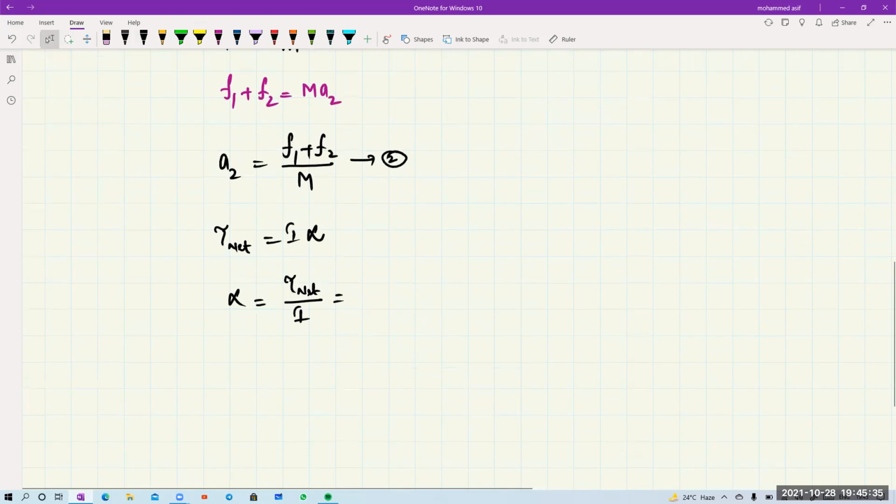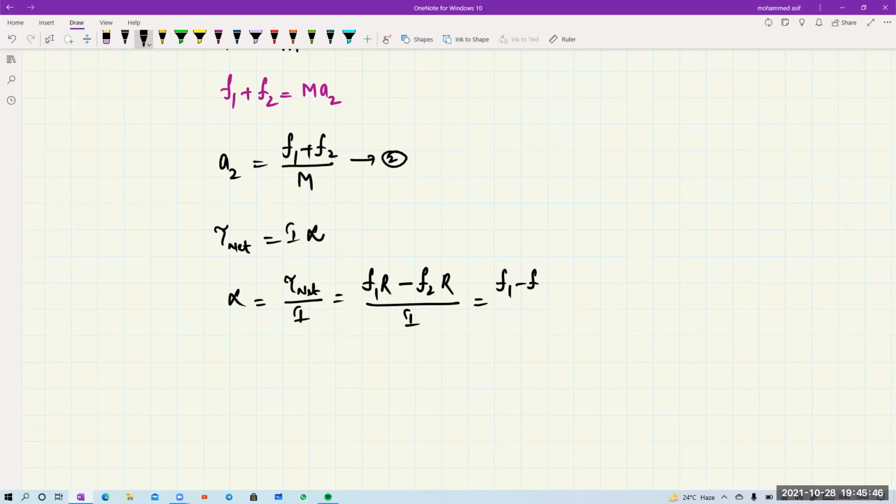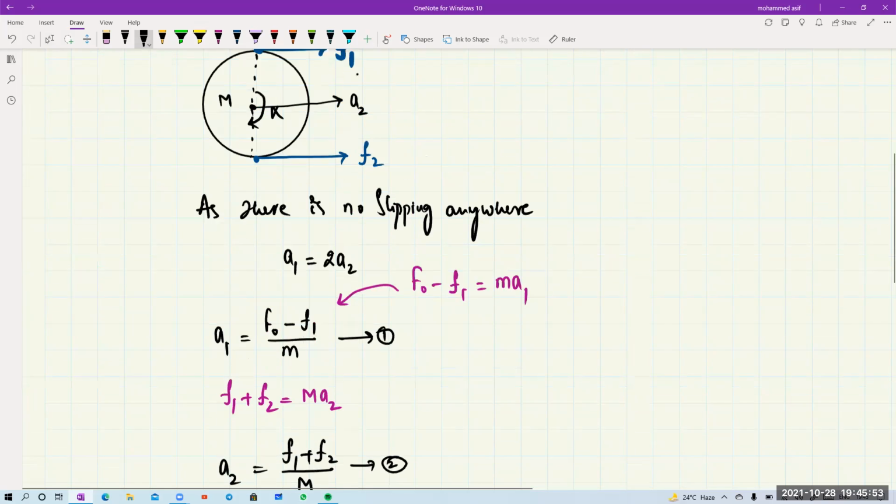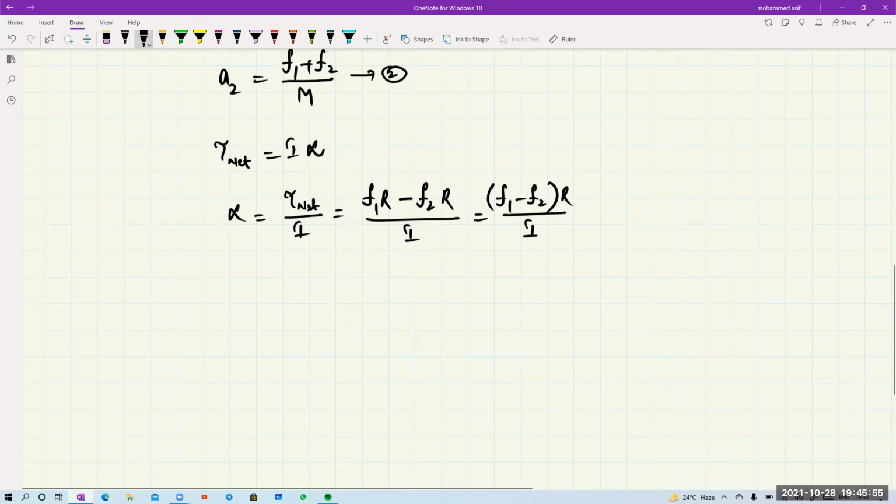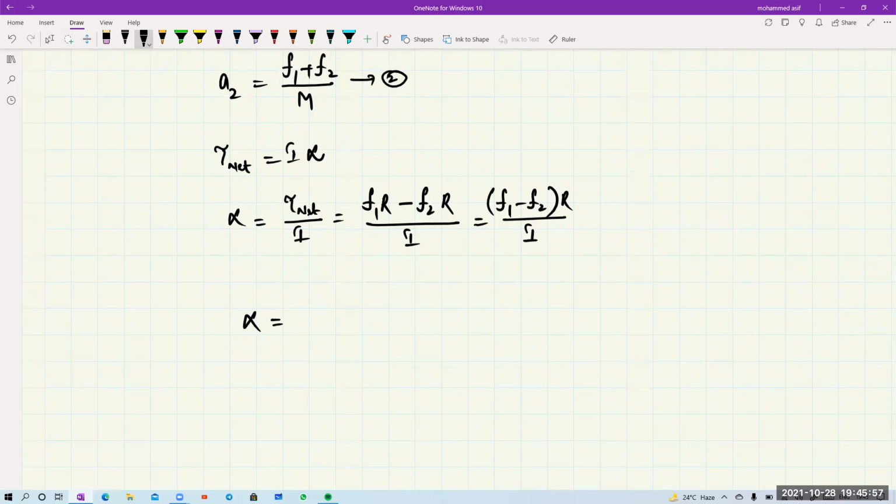So I can write F1 into R minus F2 into R, divided by I. That means alpha is (F1 minus F2) into capital R divided by I. The moment of inertia of this body you already know. What type of body is it? A cylinder. For a cylinder it is MR squared by 2. That means alpha is equal to (F1 minus F2) into R divided by M into R squared by 2.